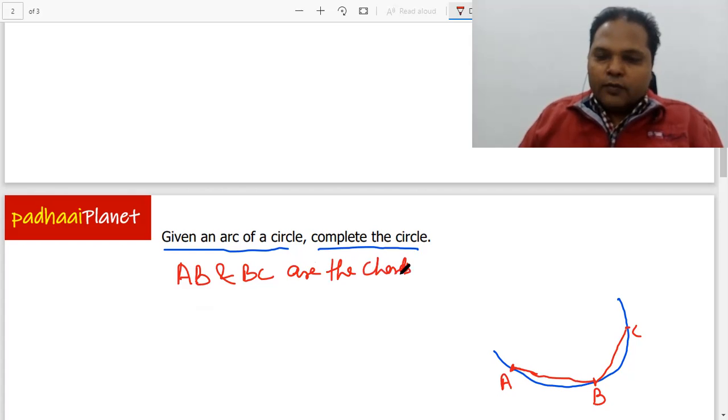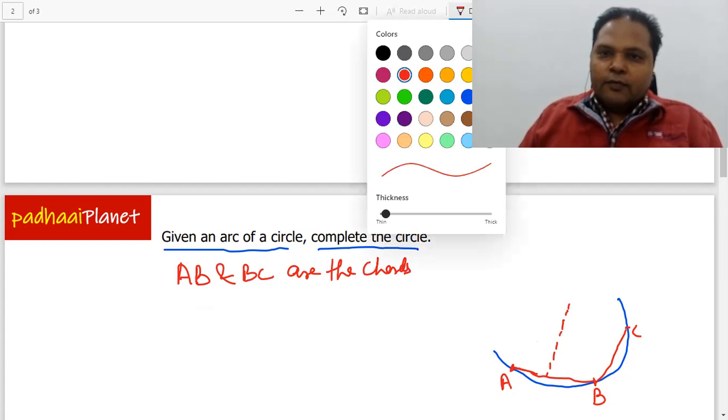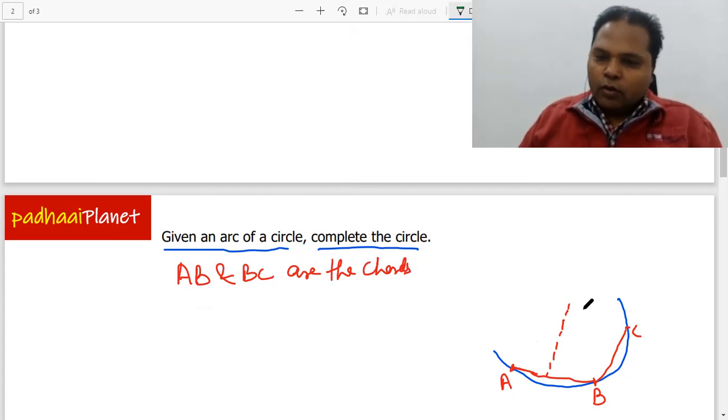Now we'll draw a perpendicular bisector of chord AB. So it'll be somewhere like this. And similarly, we'll draw the perpendicular bisector for chord BC also. Now that will be something like this. Now this is the intersection point.